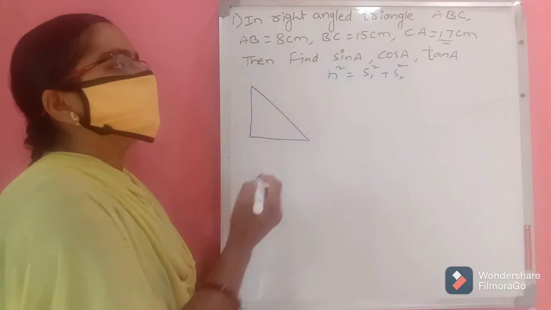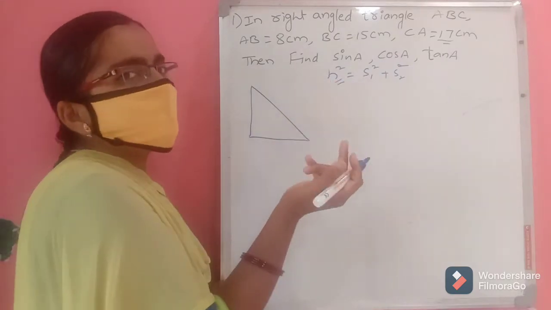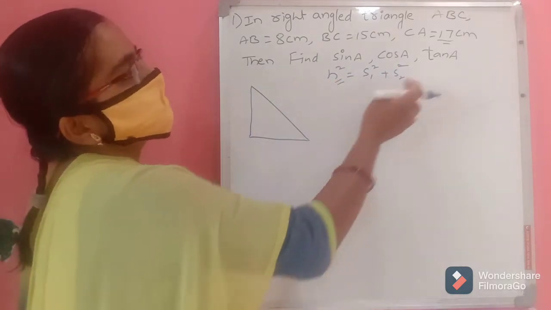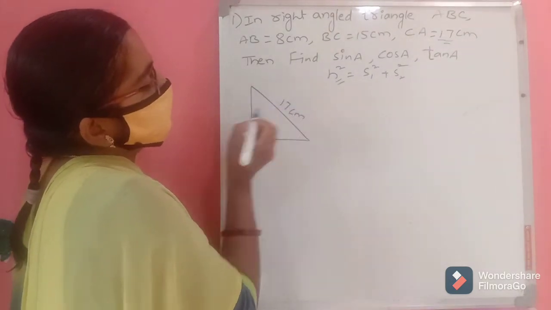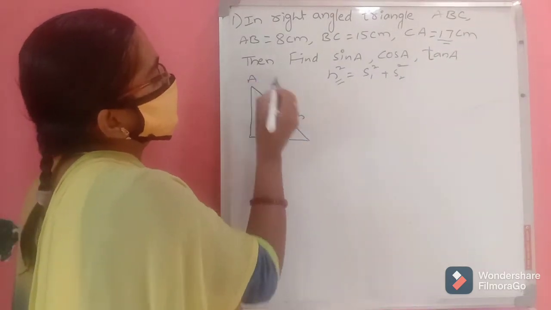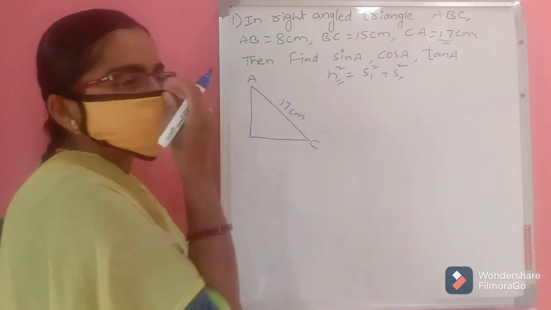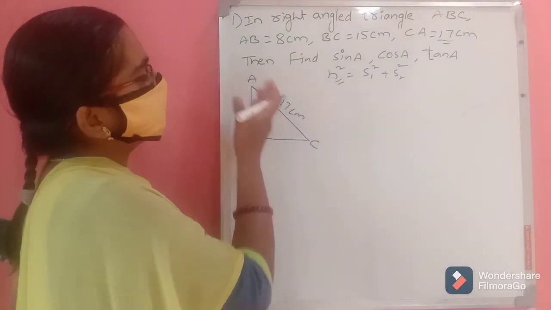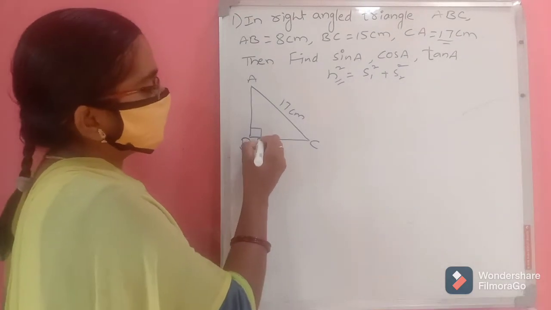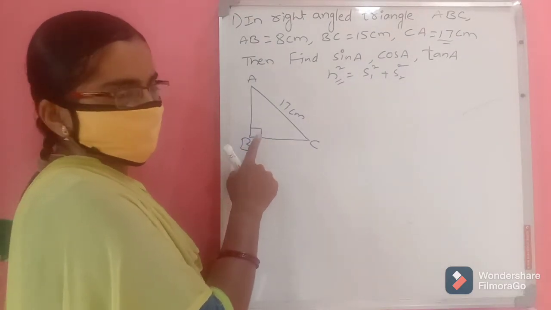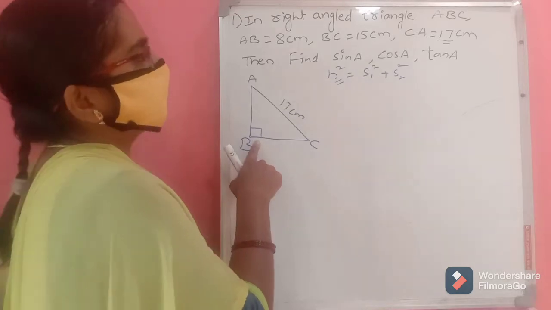So hypotenuse is simply the highest length, which is 17 centimeter. So the hypotenuse is CA. When we get CA, automatically B is the 90-degree angle.